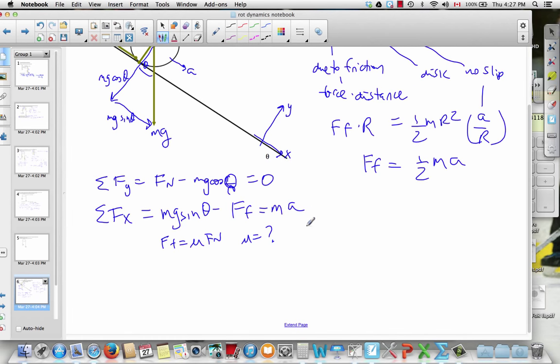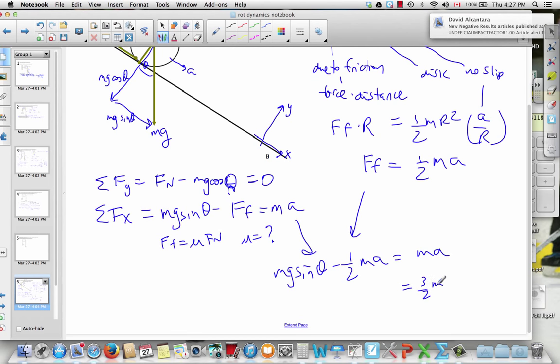And so if we put those two things together, we had mg sine theta minus friction, I'll use this value for friction, equals ma. Now we'll bring the 1/2 ma over and add it to ma, and that'll give us 3/2 ma. And then that equals mg sine of theta.